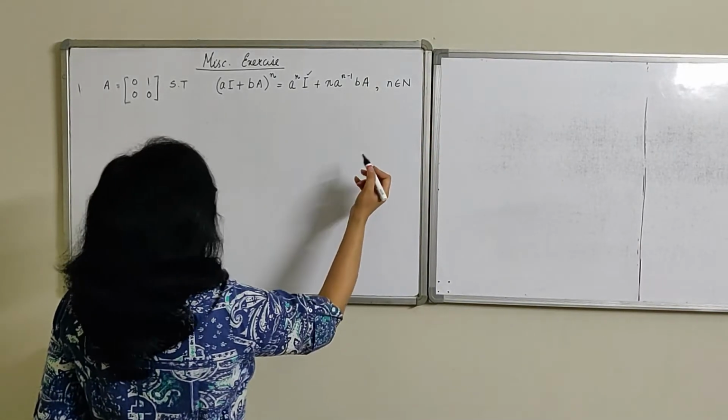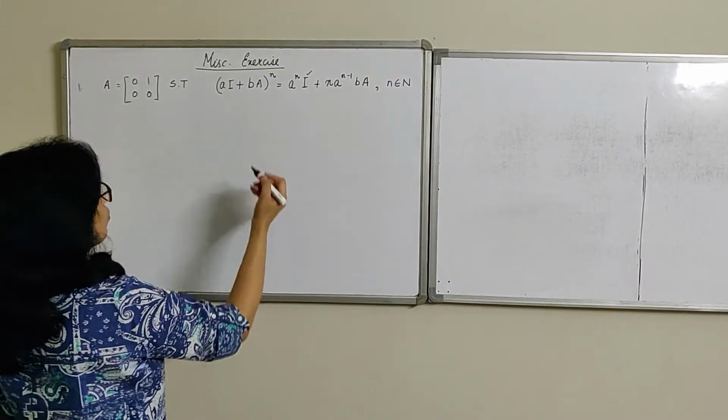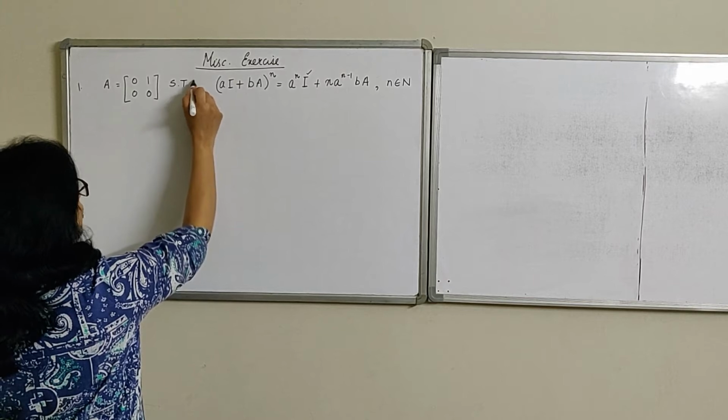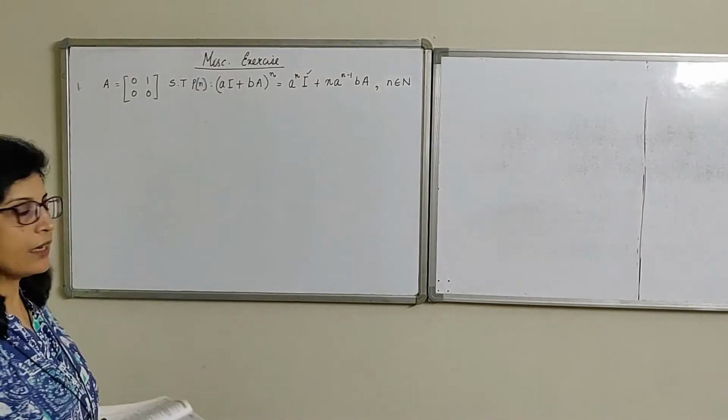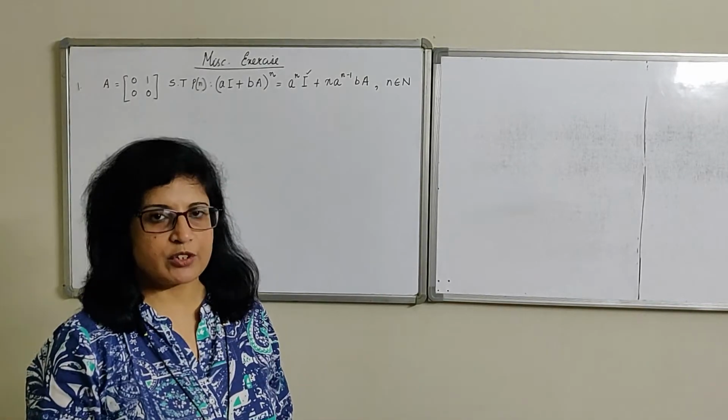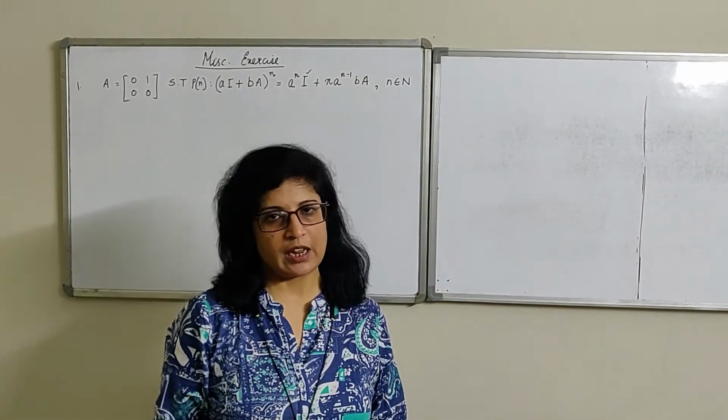Small a and small b are some scalar quantities. So we are going to prove this or show that the two results are equal using the principle of mathematical induction. This is one principle which you have studied last year in class 11.